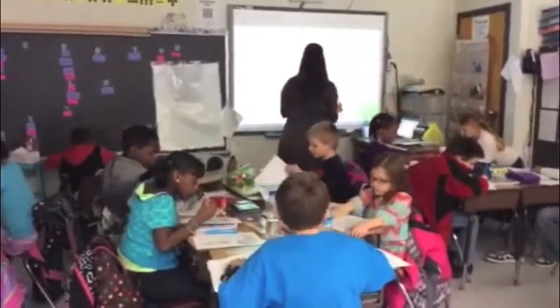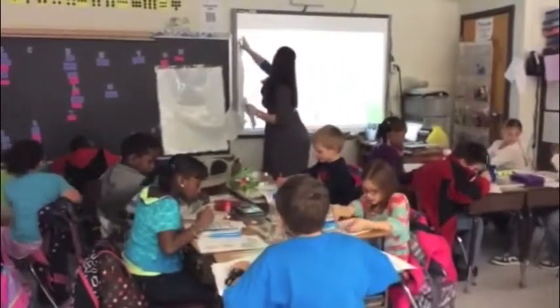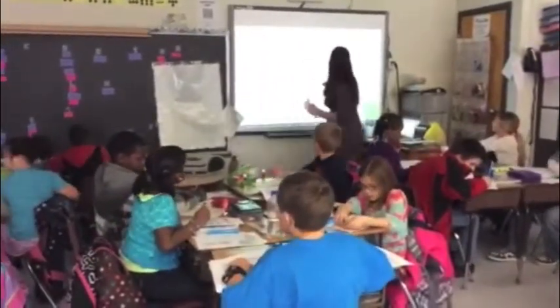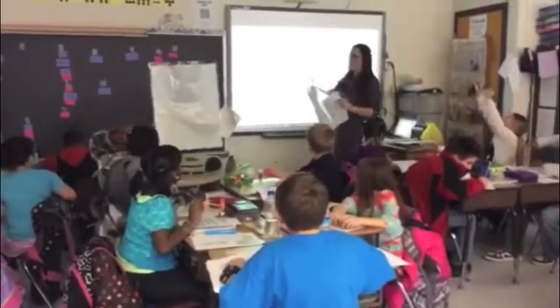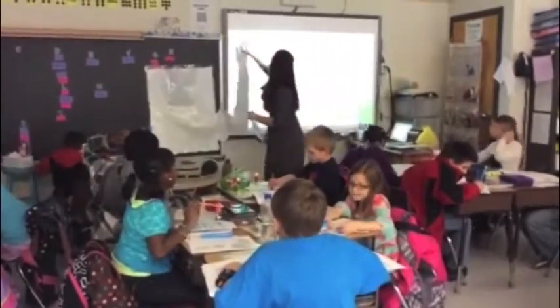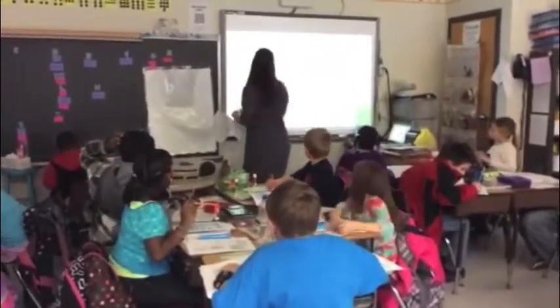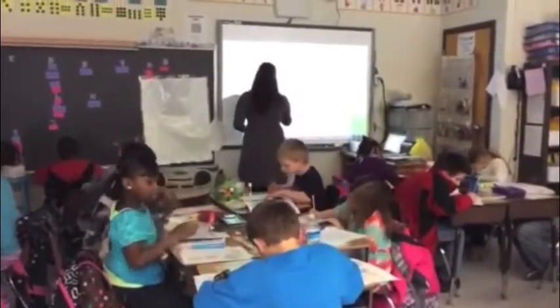Riyadh's found it. It says Egypt is located. Let's see where it is. Right here. Egypt is located in the northeastern corner of the continent of Africa. That's right. So that's one thing we're going to write. We're going to say it's located in Africa.